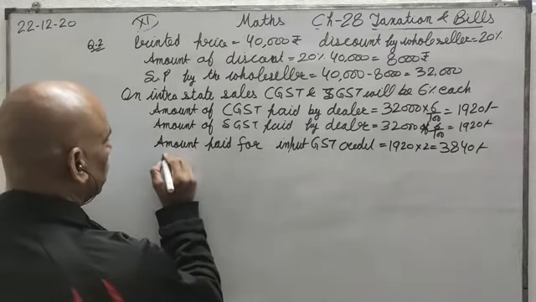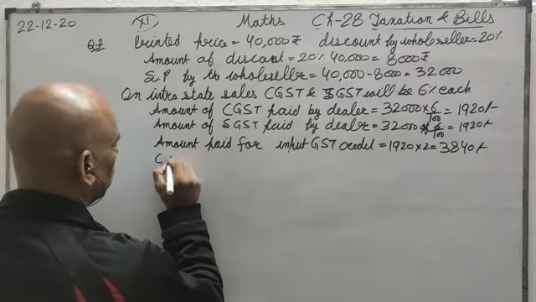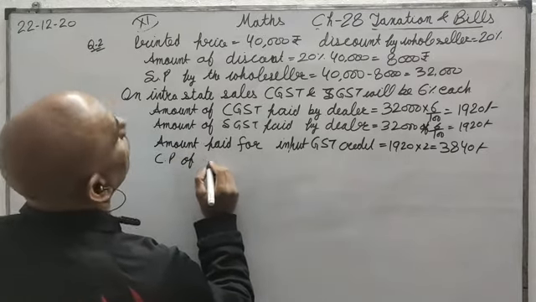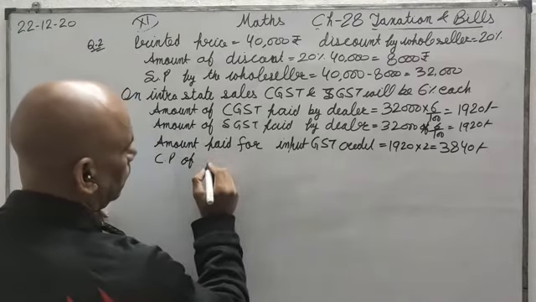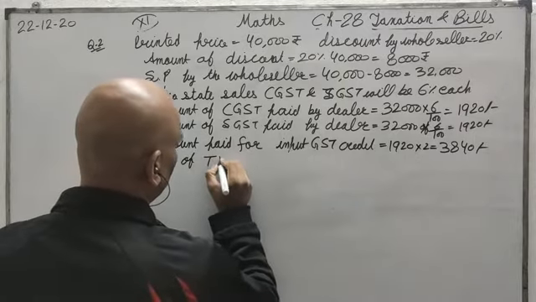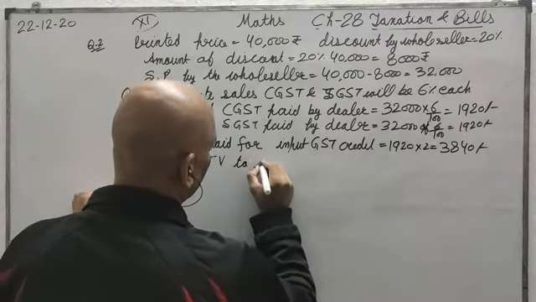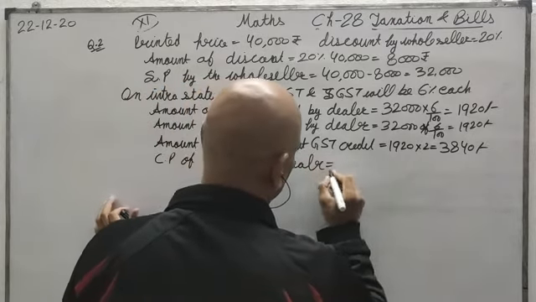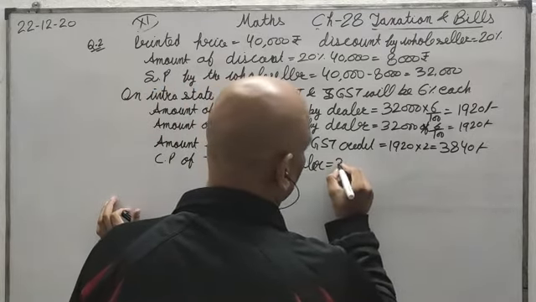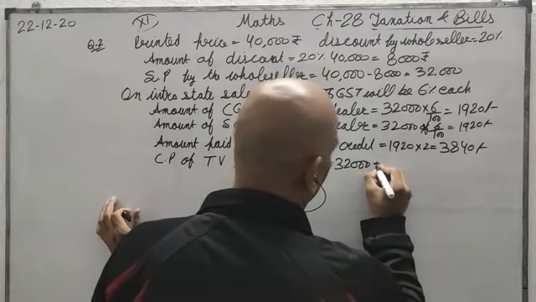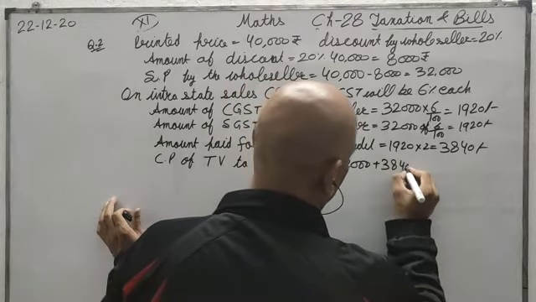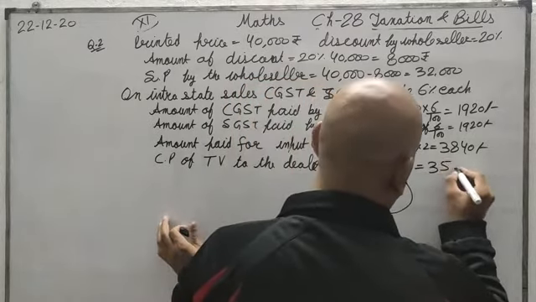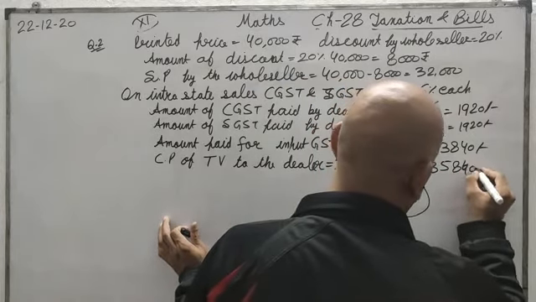So cost price of TV to the dealer, 32,000 plus 3,840, 35,840 rupees.